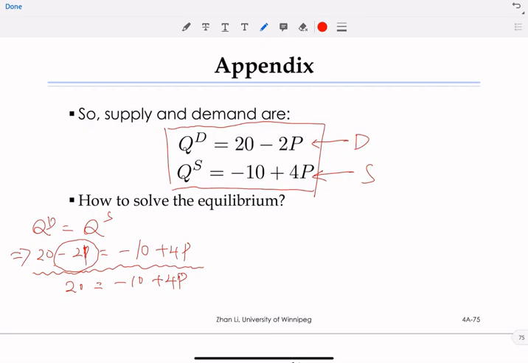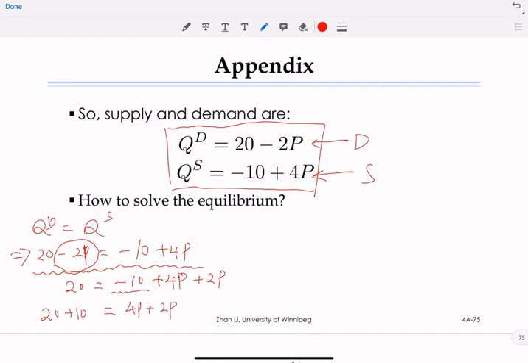So minus 2P becomes positive 2P. Next, we move the minus 10 from the right-hand side to the left-hand side. Again, you have to change the sign. So it becomes 20 plus 10 equals 4P plus 2P.